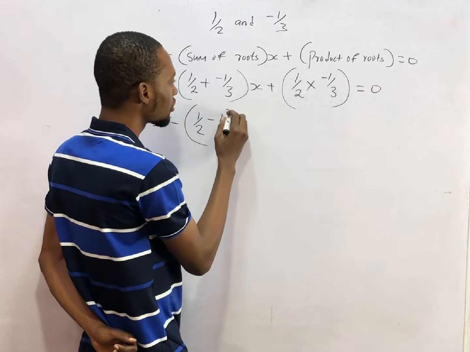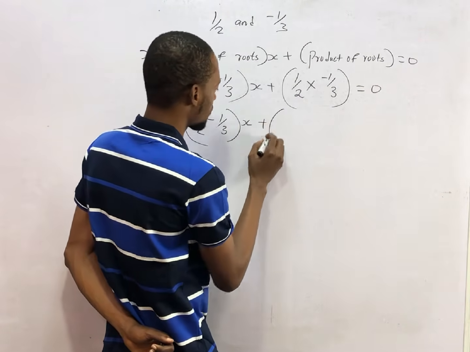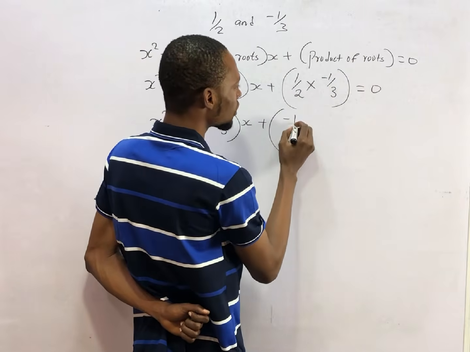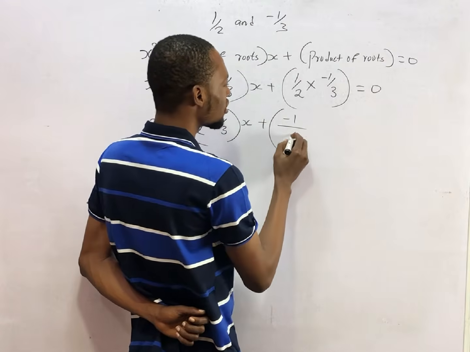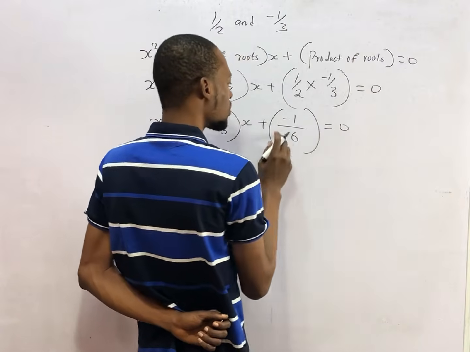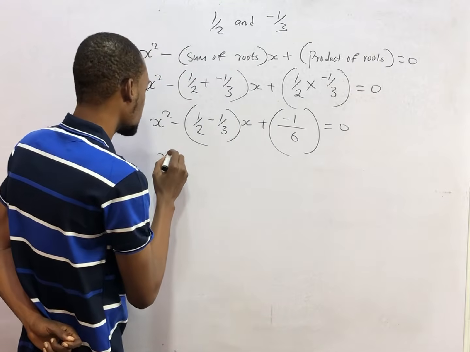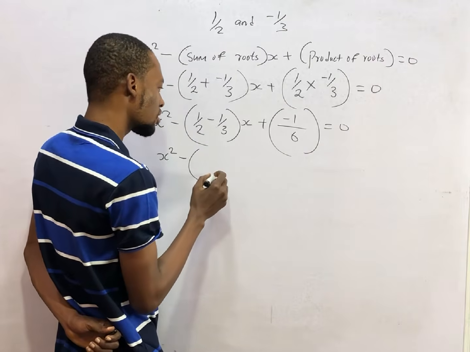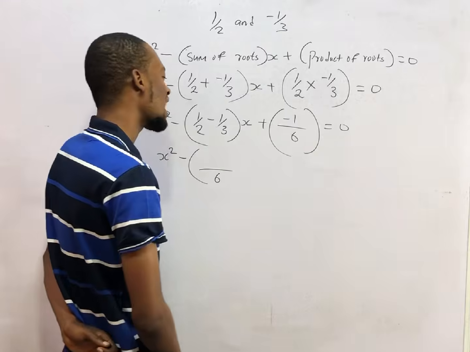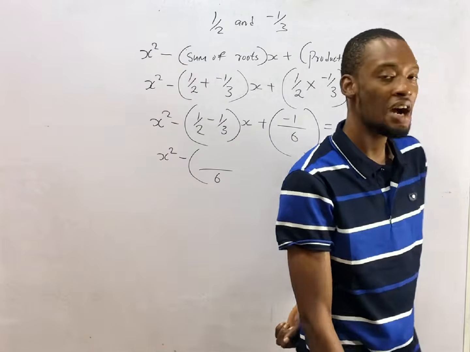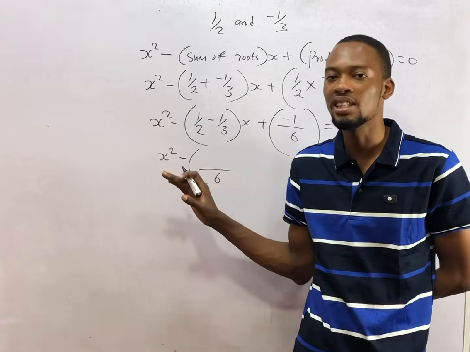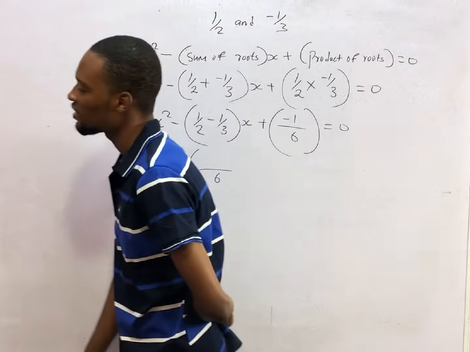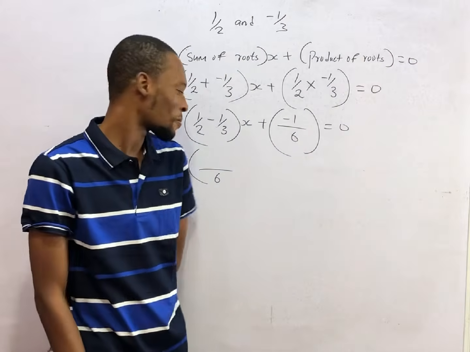The product: 1 times minus 1 is minus 1, over 2 times 3 is 6, so minus 1 over 6. s squared minus, the LCM of 2 and 3 is 6. If you don't understand how the LCM of 2 and 3 is 6, I have a common entrance playlist. Go there and watch my common entrance videos. I have videos there that teach you how to find LCM.